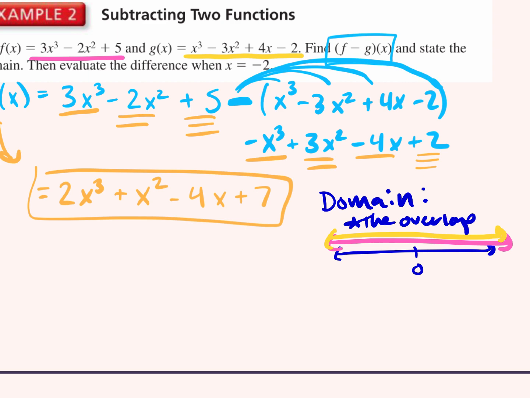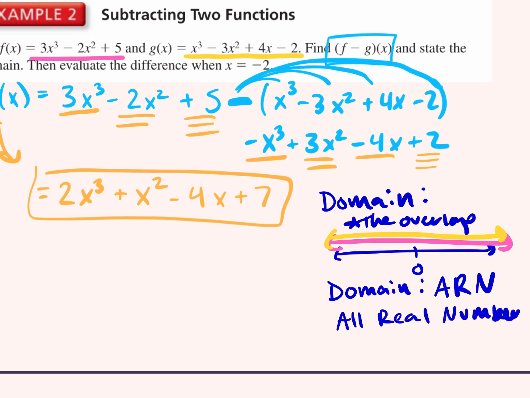They're both all real numbers. What's my domain of f minus g? All real numbers. So we could say ARN, all real numbers. Or you could say from negative infinity to infinity.